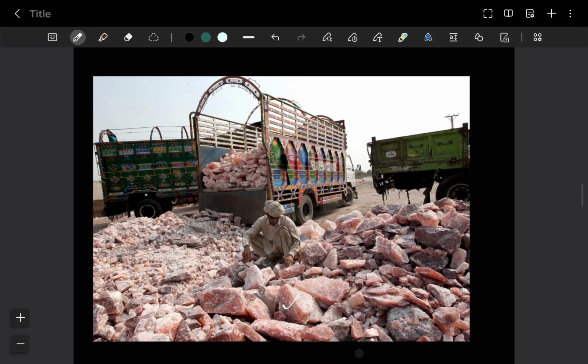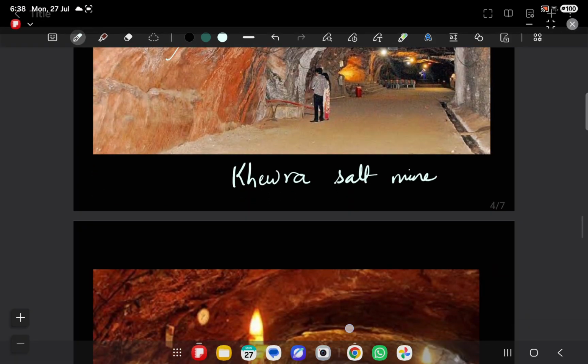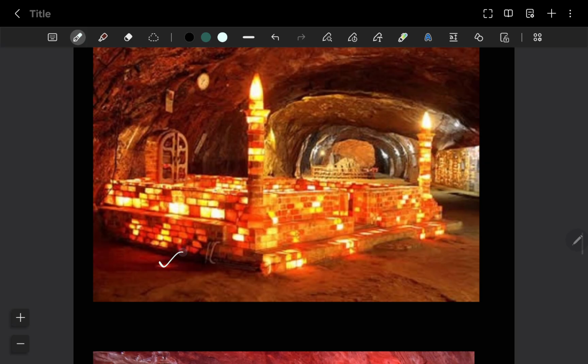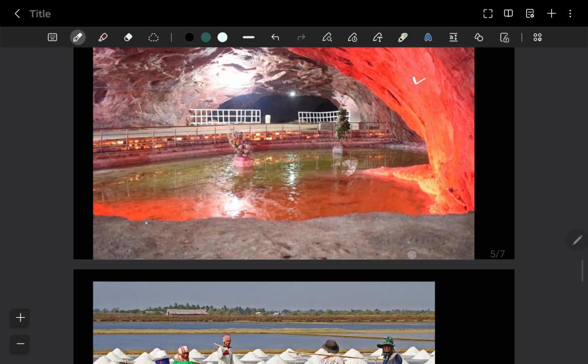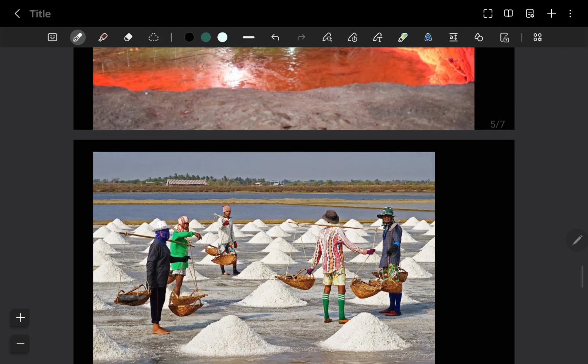See the pink salt. It is pink because of iron oxide. See the beautiful mosque made up of the salt inside the mine. See, the dry salt crystals are very stable. You can see this beautiful pink salt. Now the sea salt.